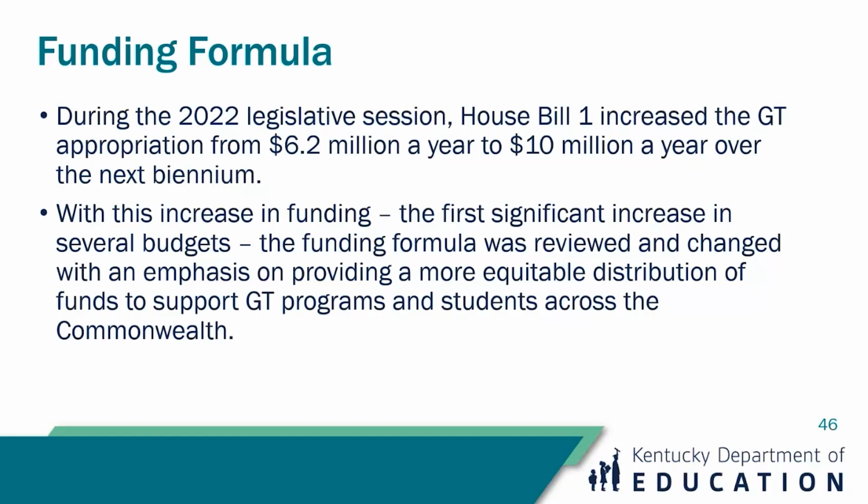That could increase or change over the next several years, because that money is appropriated by the General Assembly. Since there was an increase in funding, the first significant increase we'd had in several years, it was decided that we needed to review and change the emphasis on the distribution of funds to districts in the Commonwealth.